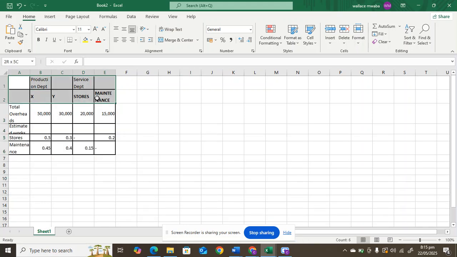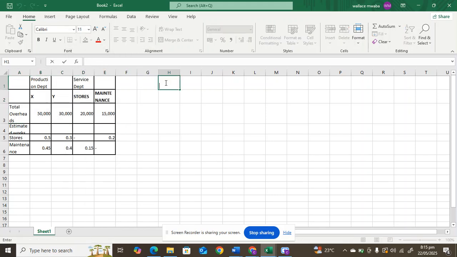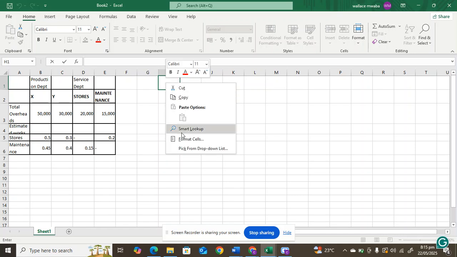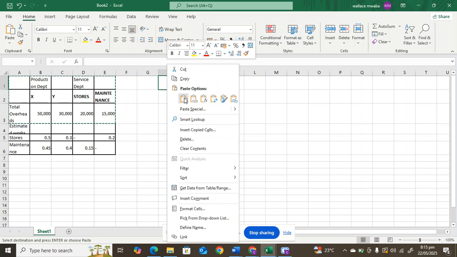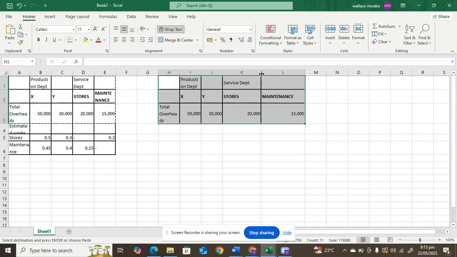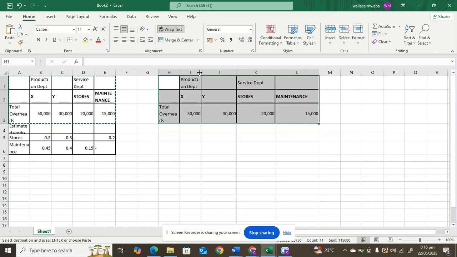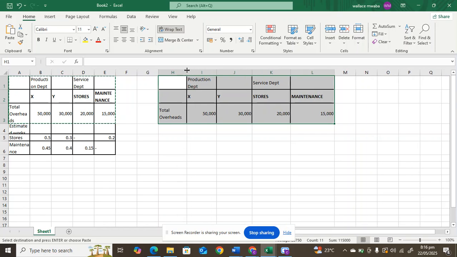Okay, I'll get this information here. So with the repeated distribution method, you're going to be continuously redistributing the overheads from both these service departments to the production departments until the number reduces to zero on both sides.